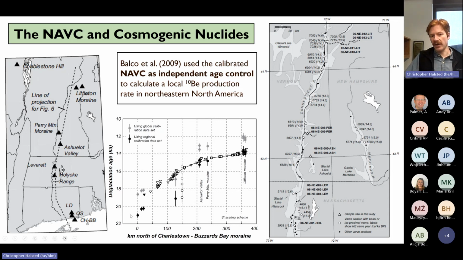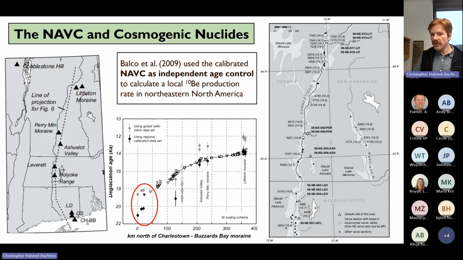But if you're eagle-eyed and you're looking at this graph, you'll notice something. Down in southern New England, the mismatches become pretty big between cosmogenic exposure ages and radiocarbon ages. So these triangles are radiocarbon ages from the varve chronology, but this black triangle is a core bottom radiocarbon age not connected to the varve chronology, but it is considered a constraint on deglaciation.